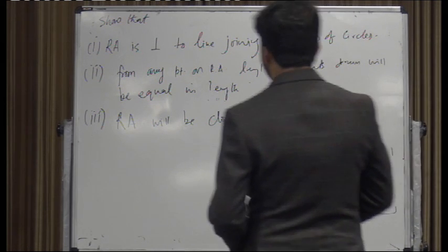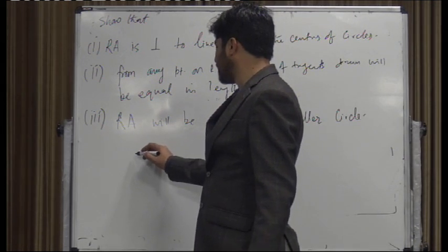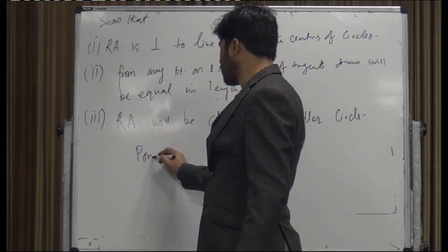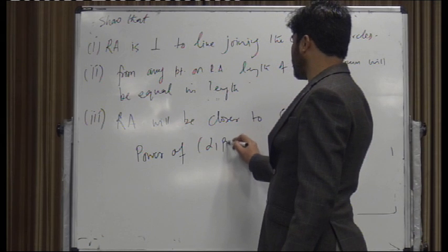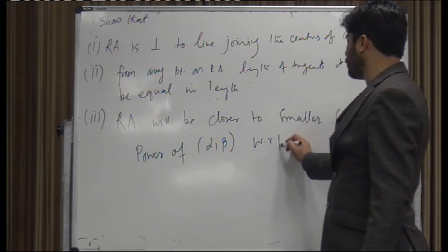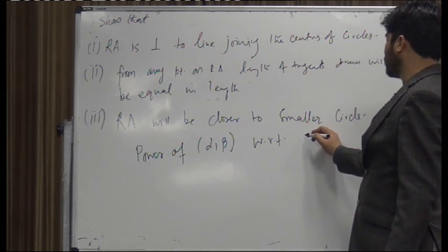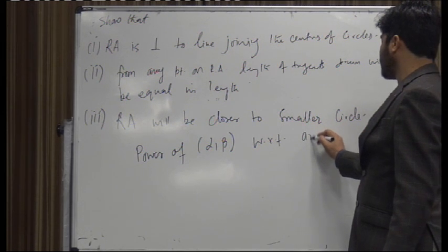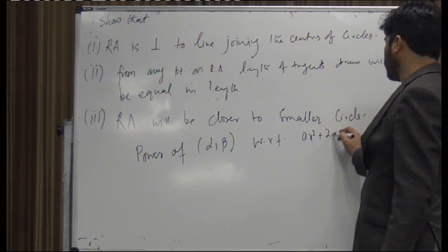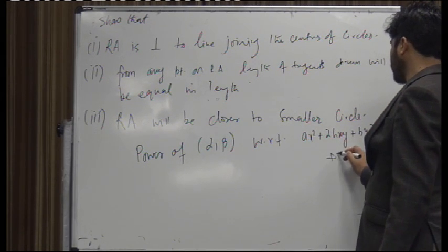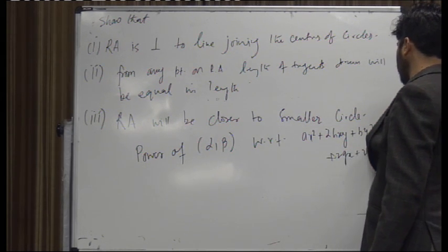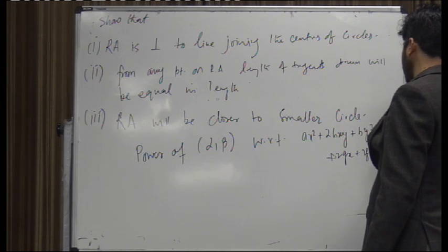Power, when you have to tell me the power of any circle, let's say if I say find me the power of alpha comma beta with respect to a curve ax square plus 2hxy plus by square plus 2gx plus 2fy plus c is equal to 0.